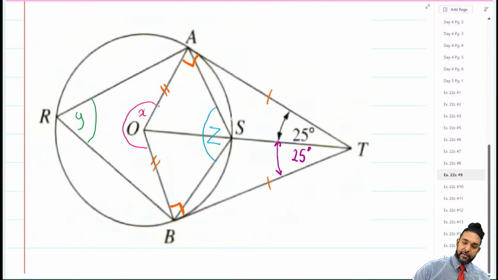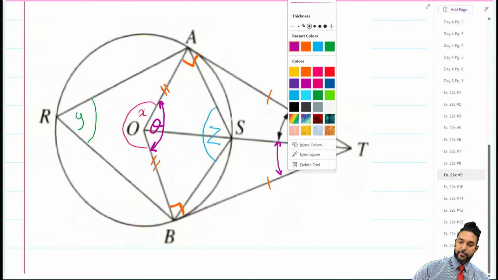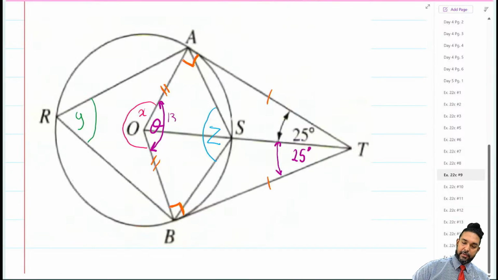So we could find this angle here, 180 minus. Let's just call that theta, all the way to here. So that's 180 minus 50, which will give us 130. That's 130.